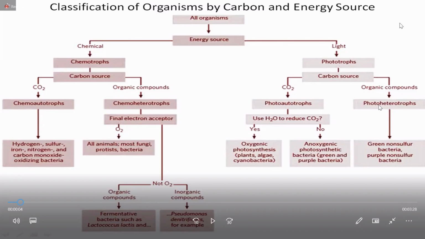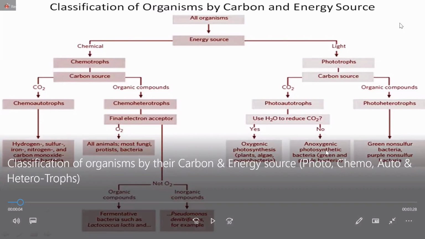Here is the carbon source, using CO2 and organic compounds. At the same time, in phototrophs also, the carbon is inorganic carbon content of CO2 and organic compounds containing carbon. In what way? All of you, listen to the lesson carefully.